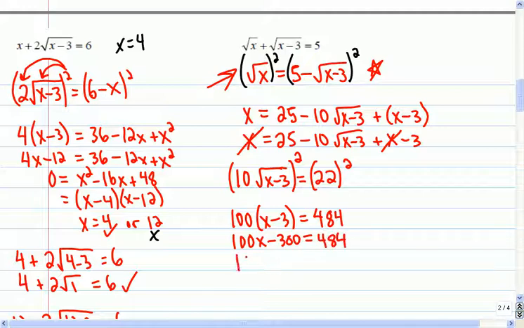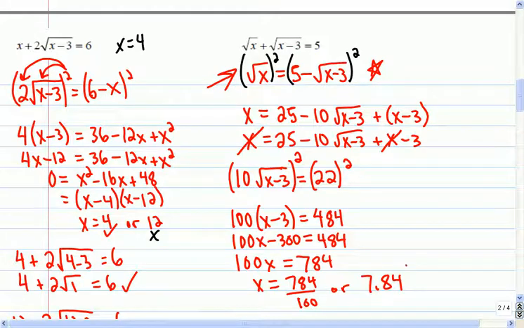So that means x will be 784 out of 100. Now, usually these work out nicer, so I'm going to double check here, but it looks like so far I have an answer of 7.84 that I'd have to double check.